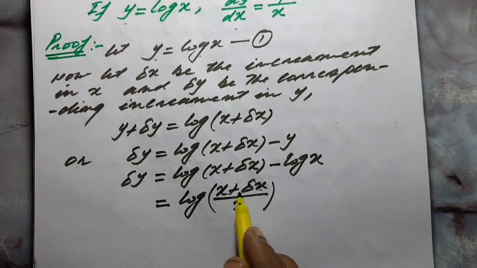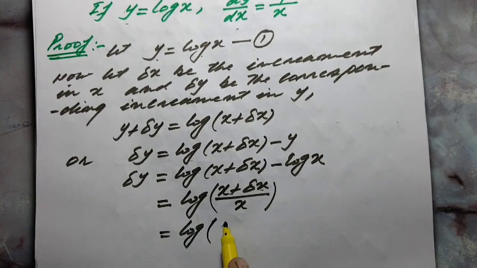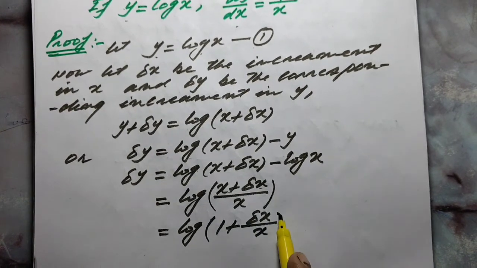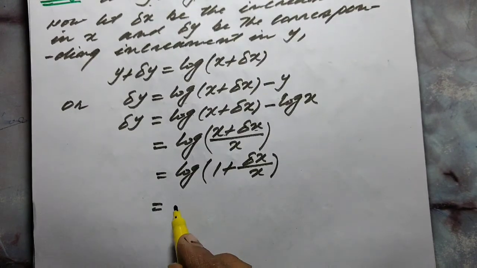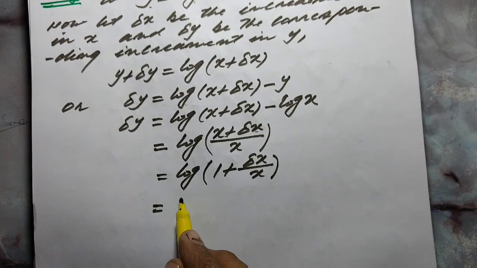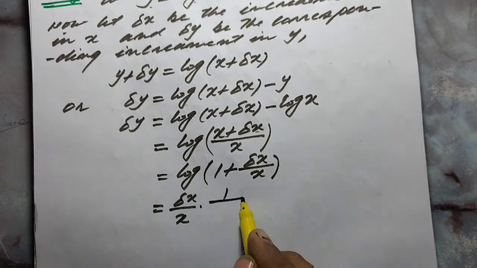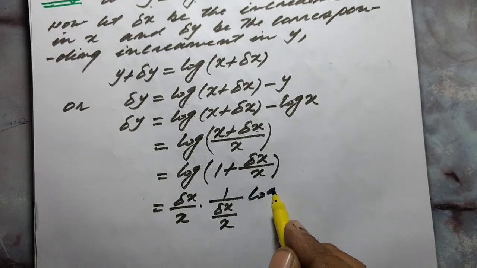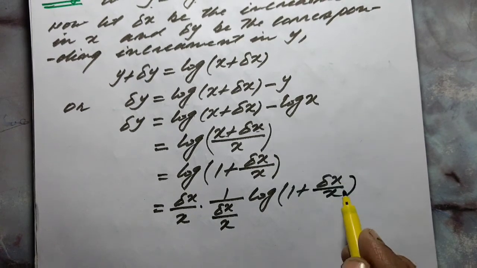Now splitting this fraction, we may write it as log 1 plus delta x upon x. Now multiplying and dividing by delta x upon x, we get delta x upon x into 1 upon delta x upon x log 1 plus delta x upon x.